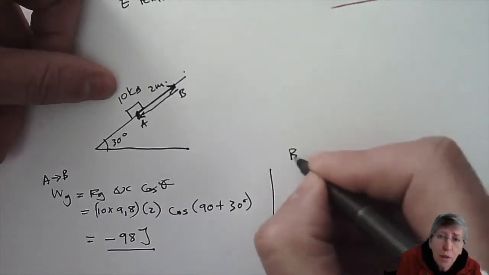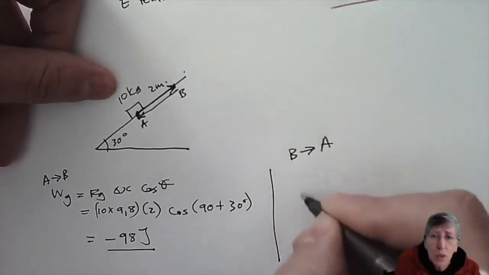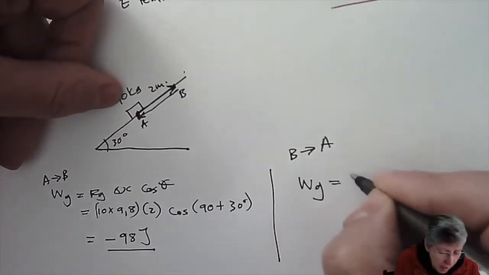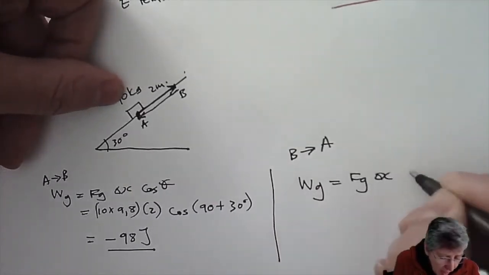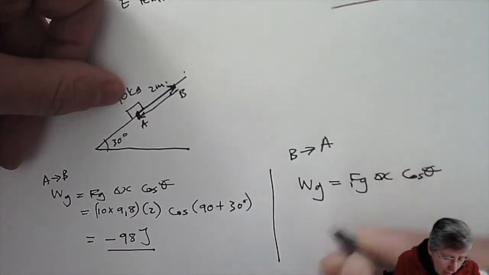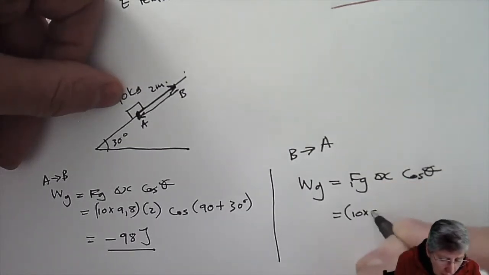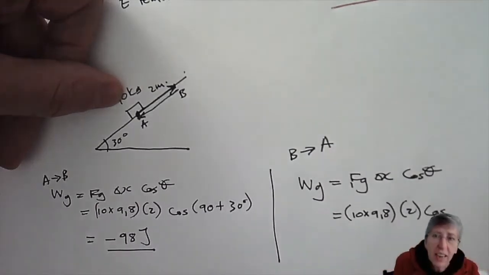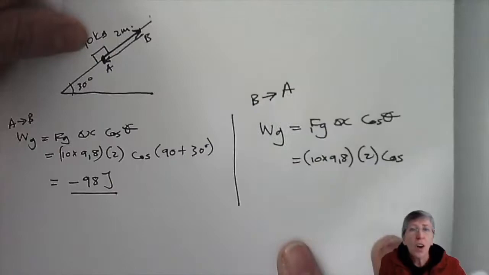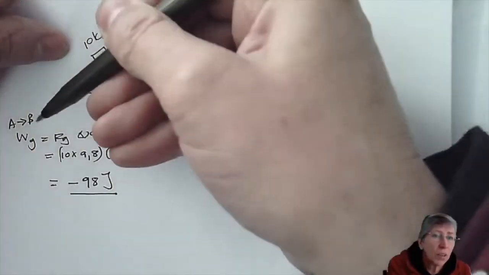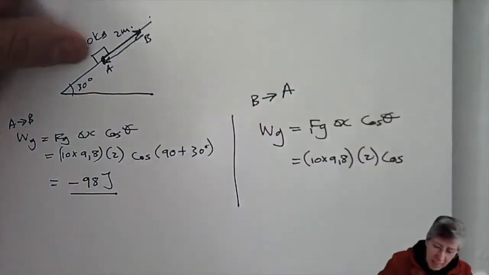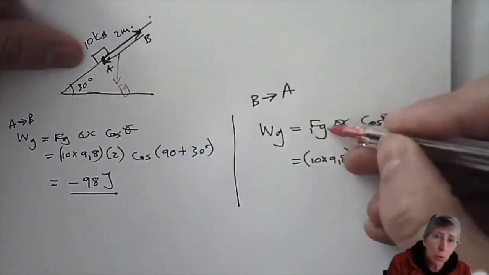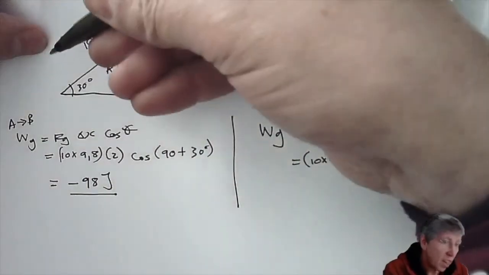So now I'm going from B to A, and I want to work out what is the work done by my conservative gravitational force. That will be Fg delta x cos theta. Right, so that will be 10 times 9,8 times 2 times cos, and now very careful, we are now moving down, right? So what is the angle between gravity, that is straight down, the force we're working with, and the direction of movement?